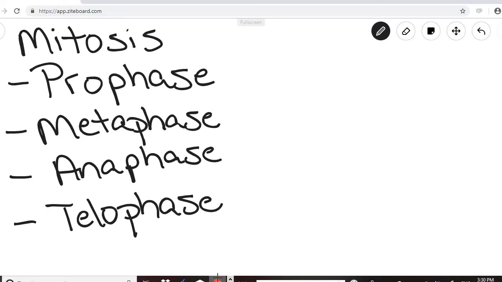A long time ago, I learned that one way you can remember these different phases is, and I don't think this is too crude, so we'll go ahead and say it, it helps me to remember it: you pee on the mat.